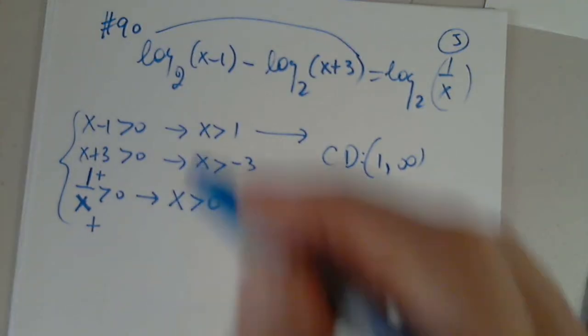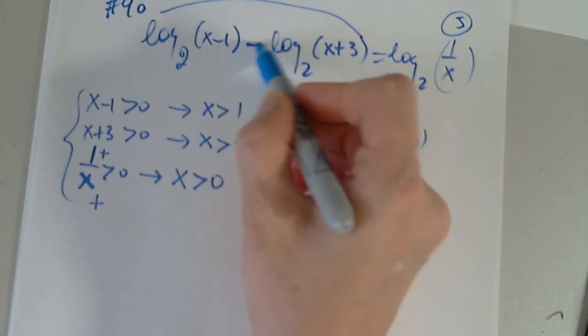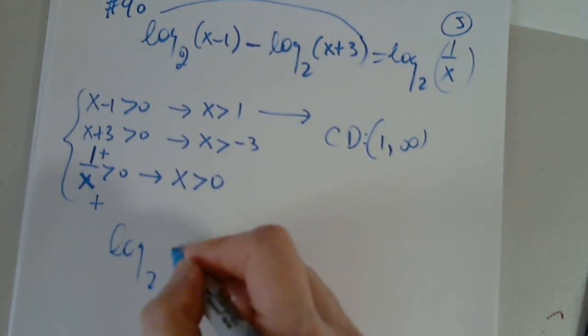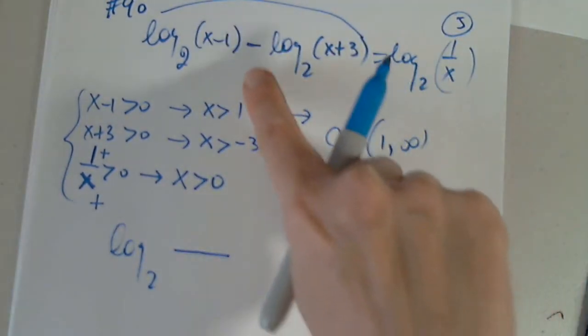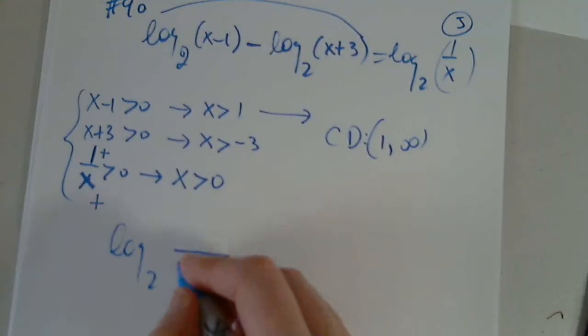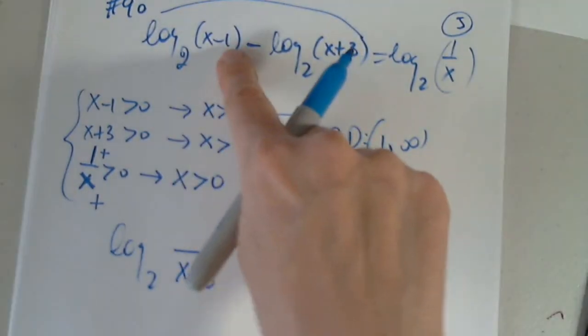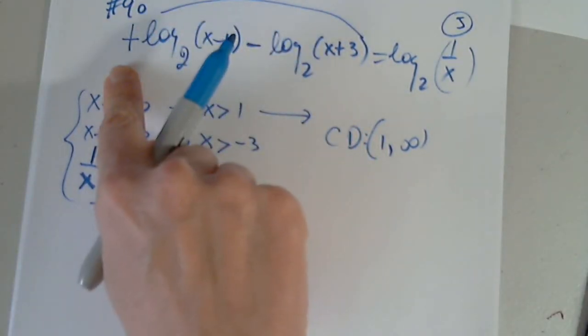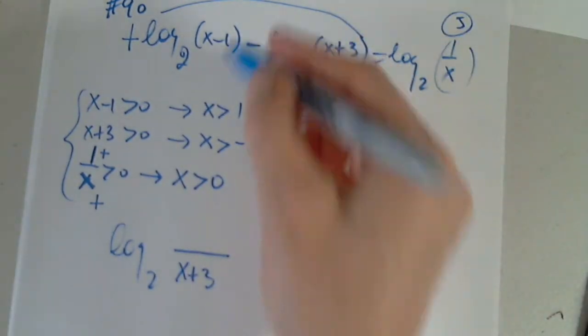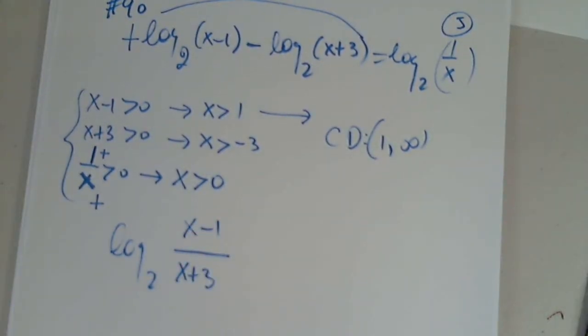At this point, I can condense. And I know how to condense that, since it's a difference, is log base 2 of a ratio. What ratio? The one with minus in front is coming from the denominator. The log that has positive in front, if it doesn't have anything, it's positive, its quantity is coming from the numerator.